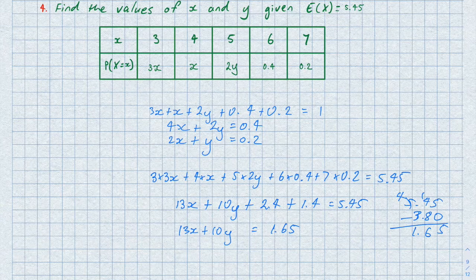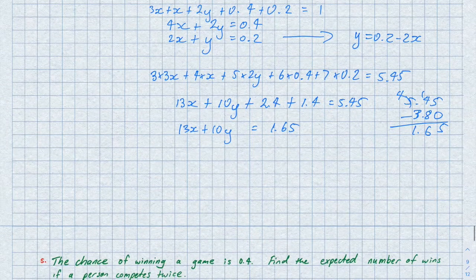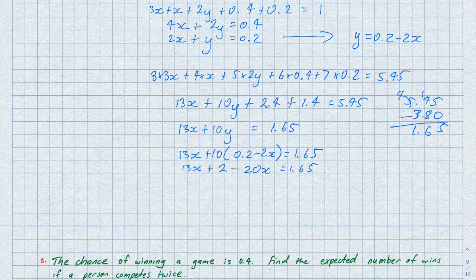Now I might use the substitution method. So from this line, I'm going to say y equals 0.2 minus 2x. So 13x plus 10 times (0.2 minus 2x) equals 1.65. 13x plus 2 minus 20x equals 1.65.